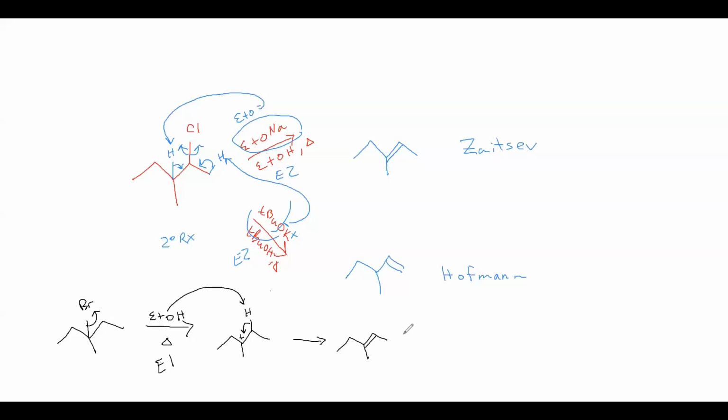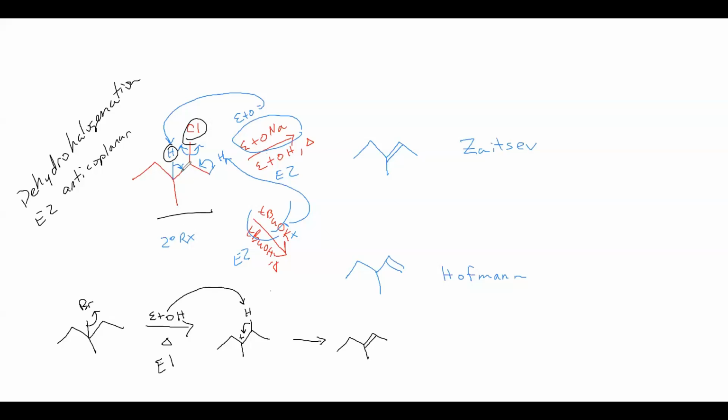Okay, so that was dehydrohalogenation. And when we were looking at the E2 mechanisms, right, we said E2 specifically is going to prefer stereochemistry where we have our proton that's being abstracted and the leaving group anti-coplanar.